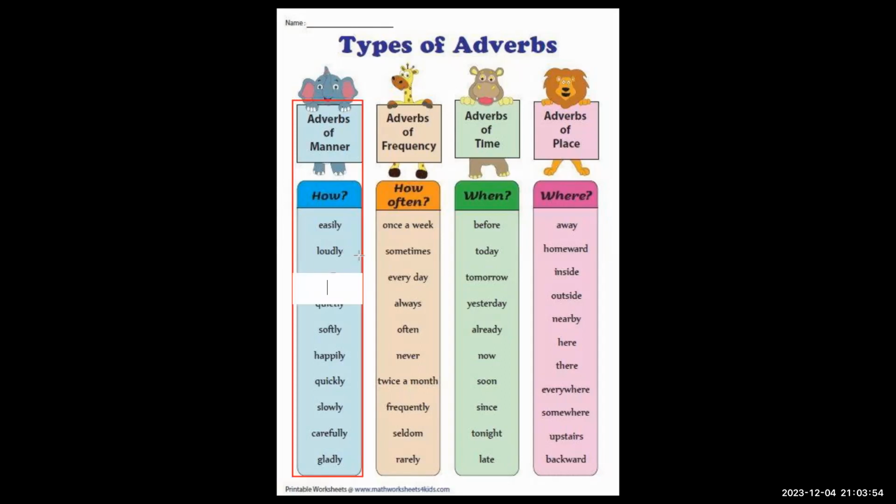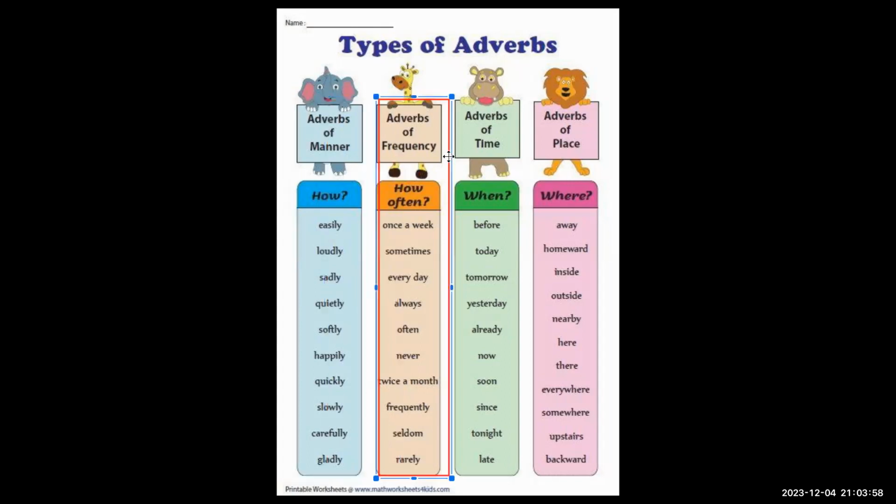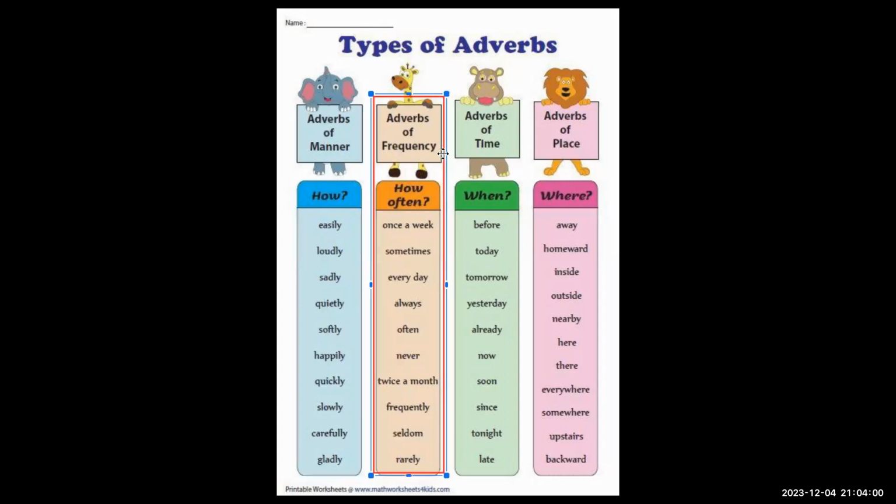Okay, here, another type of adverbs, I will explain later. Just look at the examples first. So read maybe just 4 or 5 examples here. Okay, adverbs of frequency, please read.